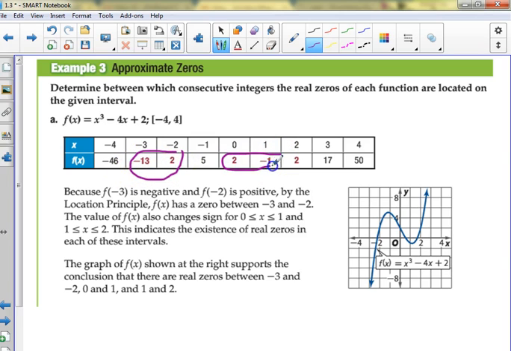And there's another zero between 0 and 1, because it went from positive back to negative. And another zero between 1 and 2, because it went from negative, okay, which is clearly reflected in the graph that we all get to use a calculator for now. Okay, this is using the intermediate value theorem, and it's approximating zeros.